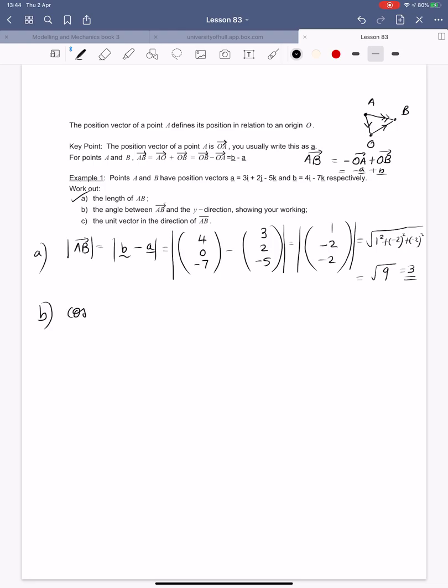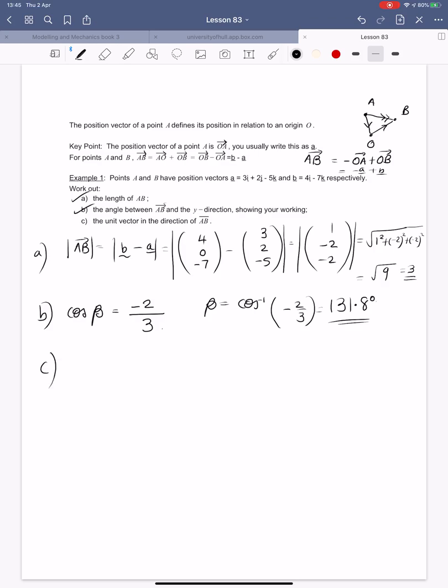So cos of beta, the y one is minus 2, divided by the size, which is 3. So beta is cos inverse minus 2/3, which will come up on your calculator as 131.8 degrees.